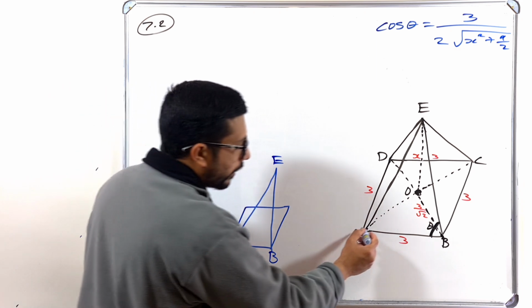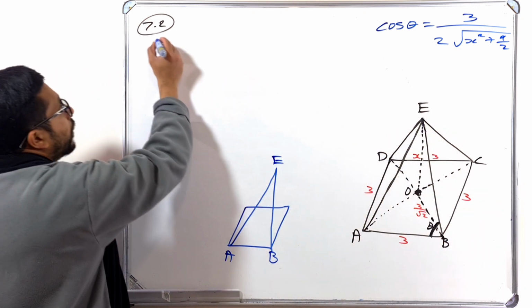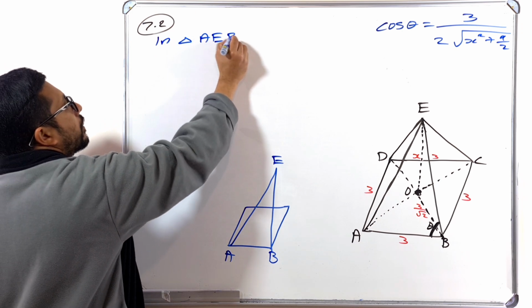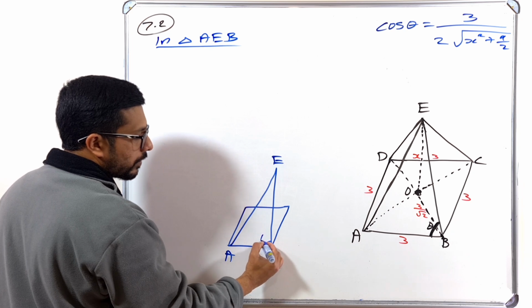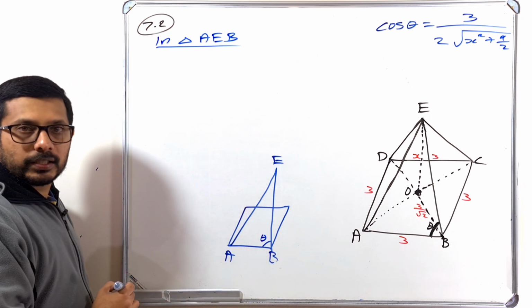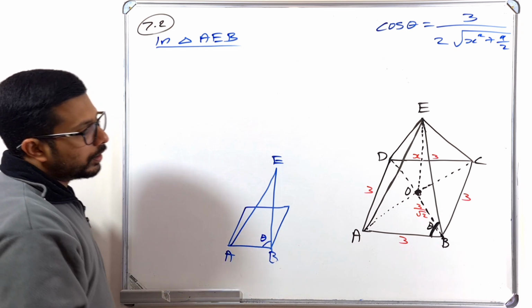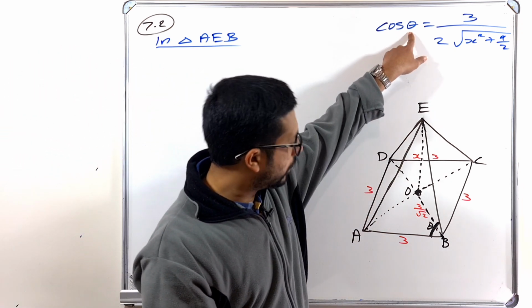This triangle AEB. So in triangle AEB, this angle is given as theta, am I right? So that one is theta, and they took the cos of that angle. Cos theta.